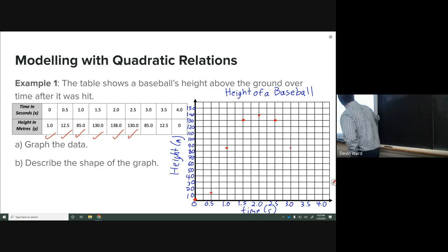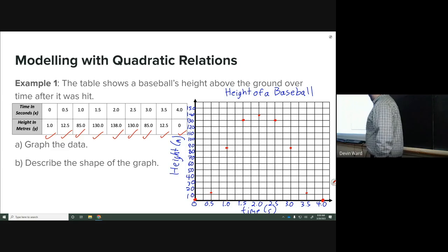So it should be about where that other one was. Then 3.5 and 12.5. So just go up a little bit past 10. Right there. And then 4 and 0. Put it right on the axis.